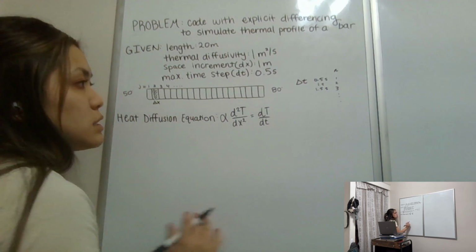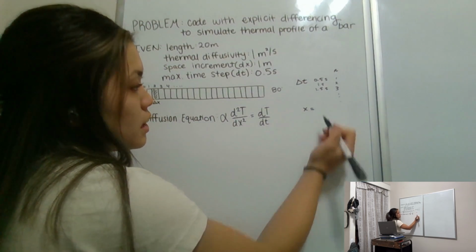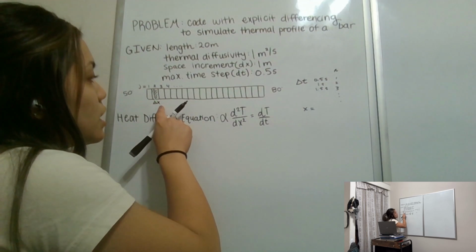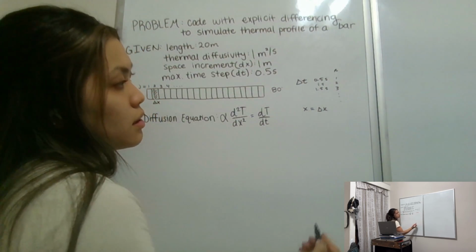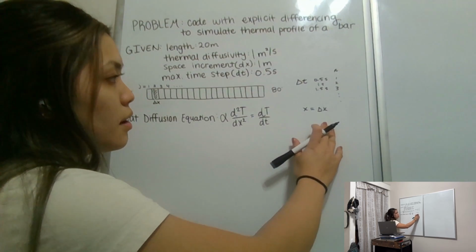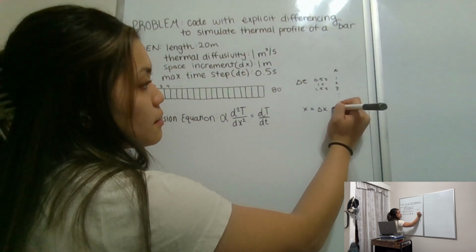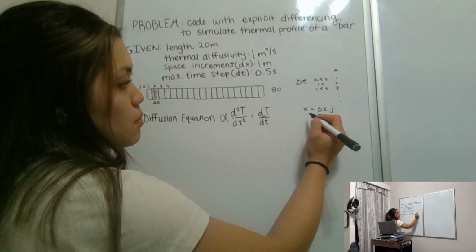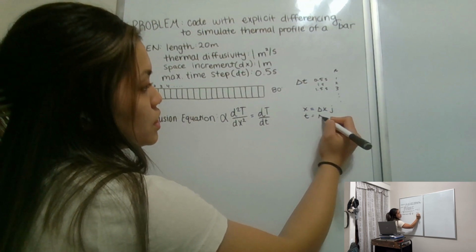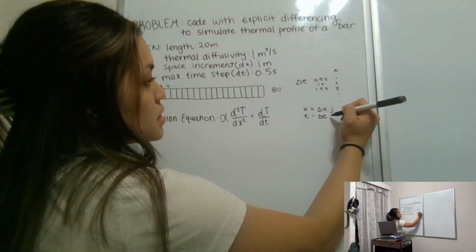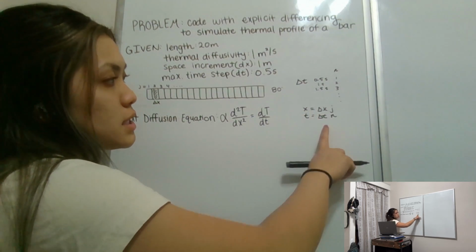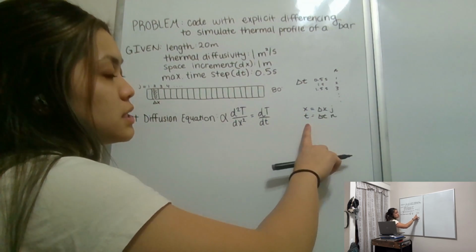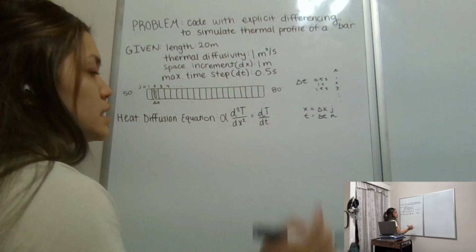The reason we do this is that x is defined as the change in position times the counter, and the same with time: time is the change in time increment times the time counter. So delta x times j equals x, and delta t times n equals t. That's for position and time.